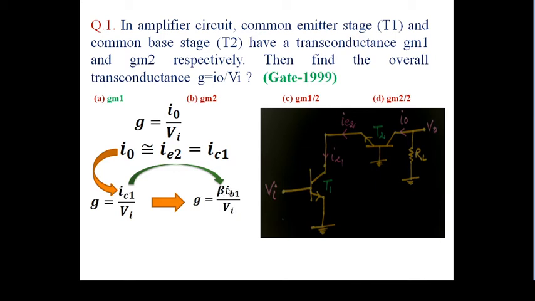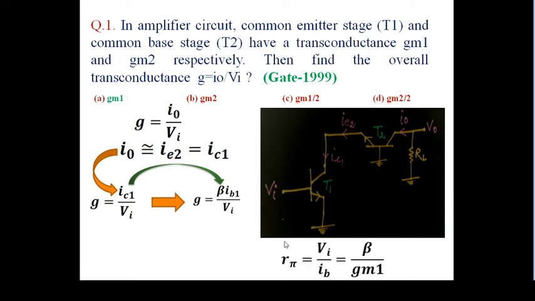Now here you can see the Vi and IB1 relationship gives some value. What is this value? It is R pi, because Vi by IB1 is simply the resistance looking from the base side, which is R pi in the AC model.